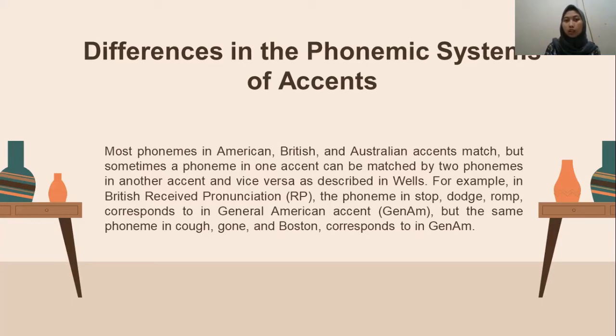For example, in British Received Pronunciation, or RP, the phoneme in stop, dodge, romp corresponds to the same in General American accents, but the same phoneme in cough, gone, and Boston corresponds to a different one in General American accent.